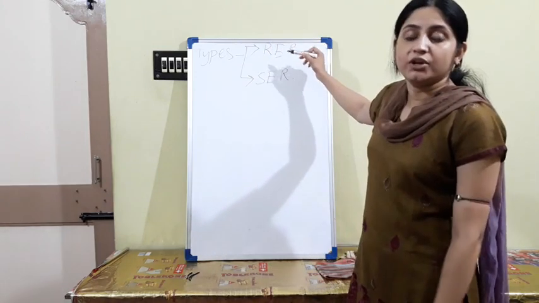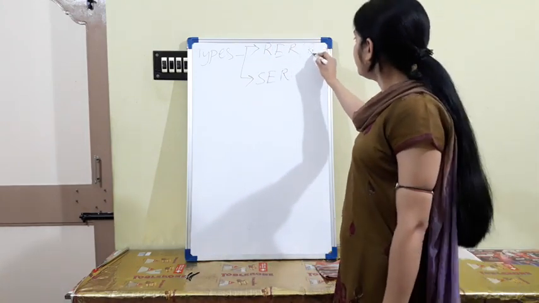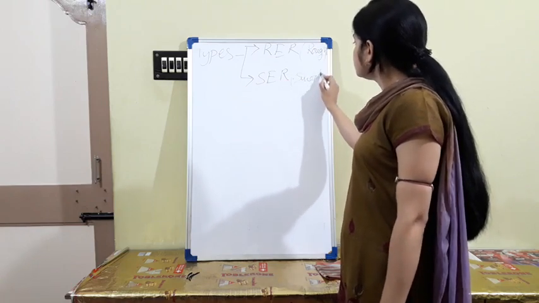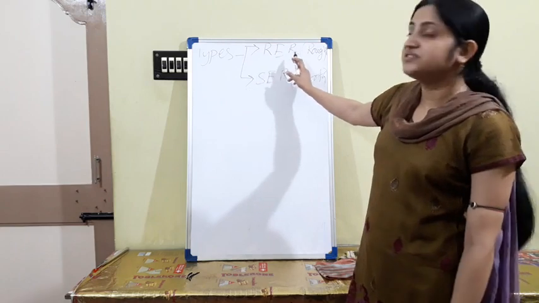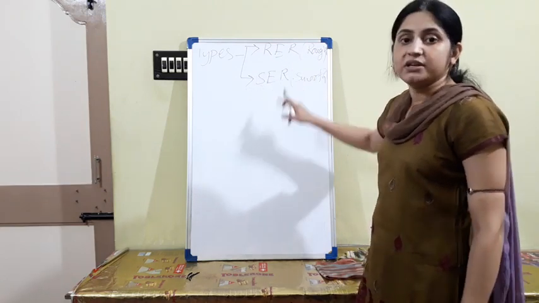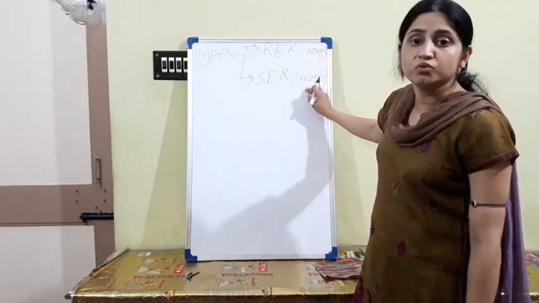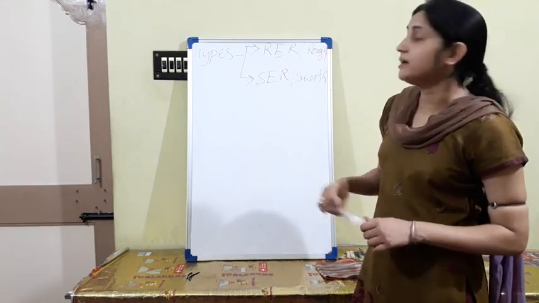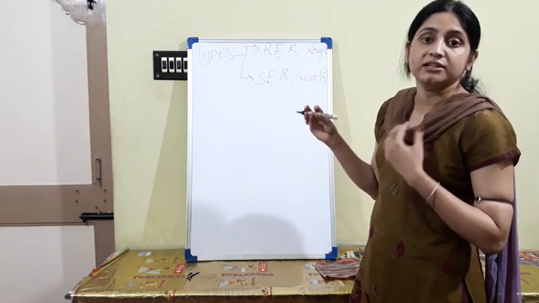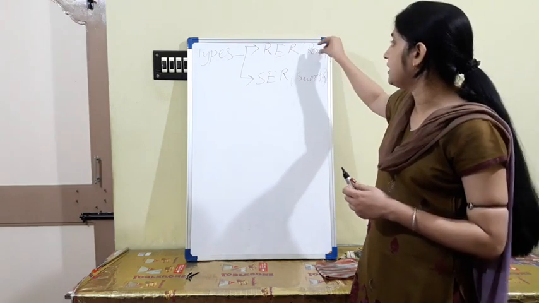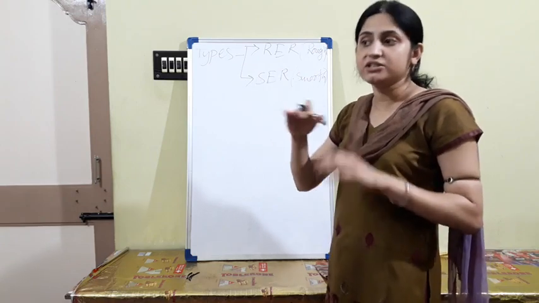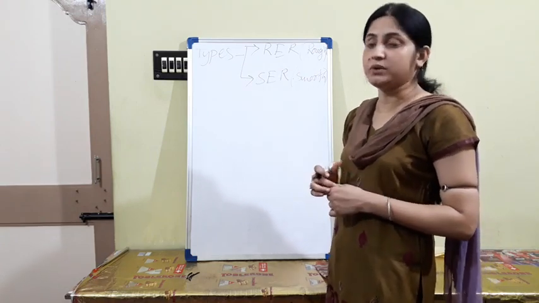RER means rough endoplasmic reticulum, R for rough, and SER means smooth endoplasmic reticulum, S for smooth. Why is it rough, why is it smooth, what is the difference between RER and SER? RER contains ribosomes. Ribosomes, another cell organelle, are attached to the membrane of this type of ER, so its surface feels rough. That is called rough endoplasmic reticulum.